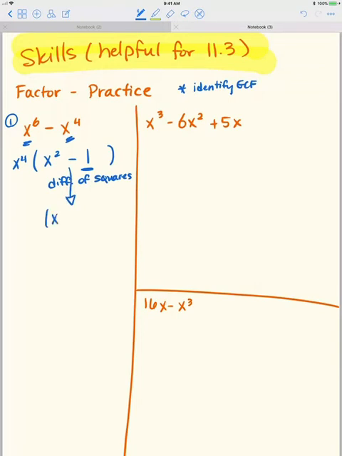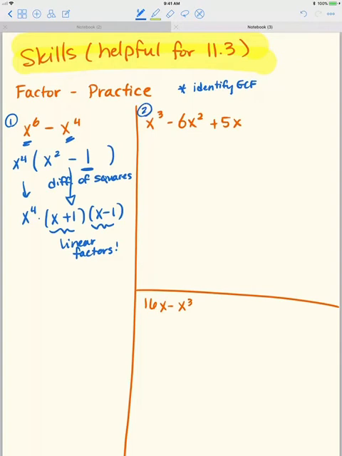Well, it will factor further to x plus 1, x minus 1. The x to the fourth just comes down and gets multiplied, and the x plus 1, x minus 1 are what are called linear factors, and those are as factored as they can get, which is what we want moving forward in this section. So the factored form of the first one is x to the fourth times x plus 1 times x minus 1.